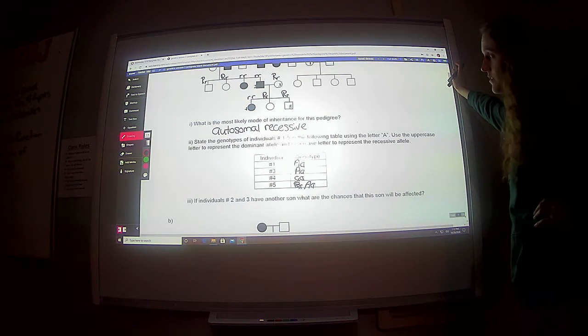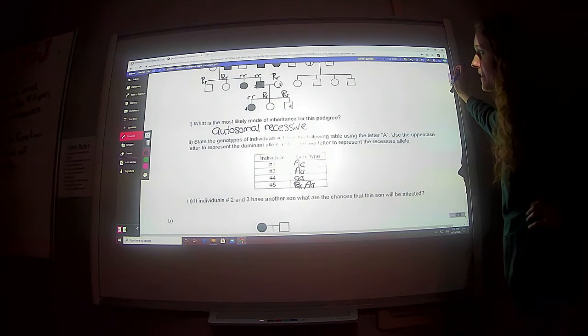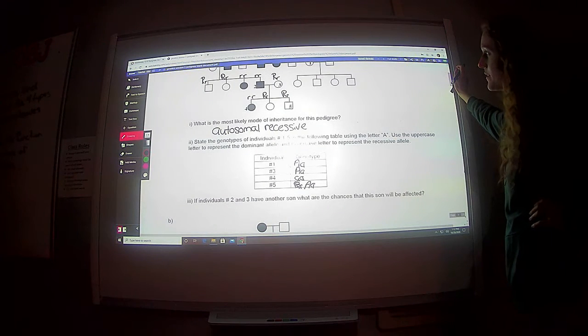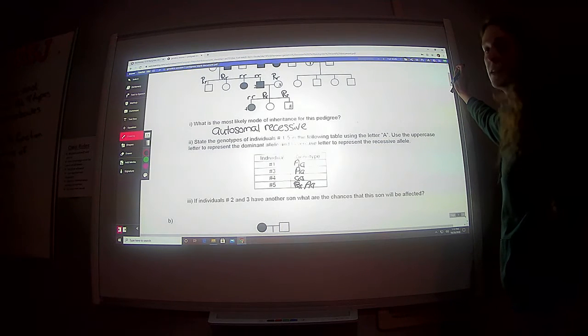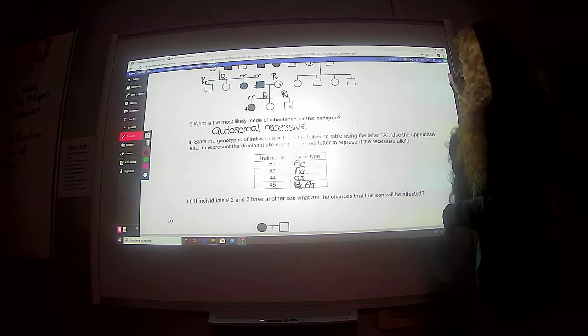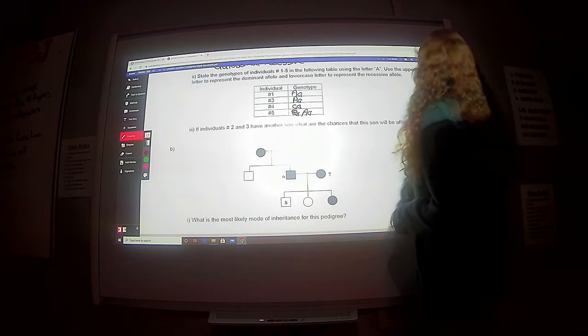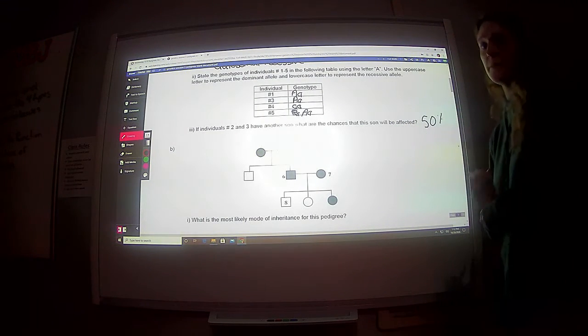Well, it is autosomal, so it doesn't matter as far as the sex goes here. We know that he's definitely going to be heterozygous because dad's going to give him that faulty R, and mom can give him either a dominant or a recessive. So he has a 50-50 shot. He may get it and he may not get it.